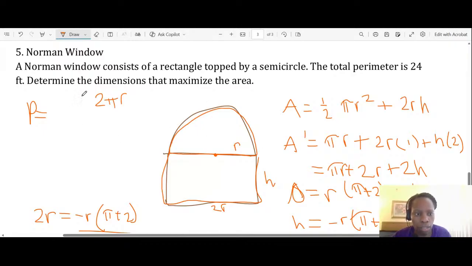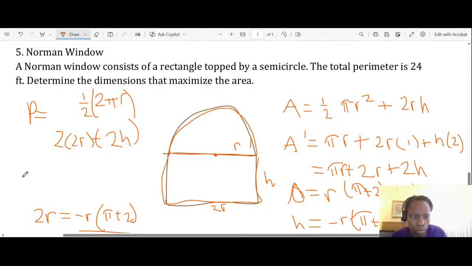And then half of that would be the perimeter of that. And then the perimeter of the thing is going to be 2 times 2r plus 2h.